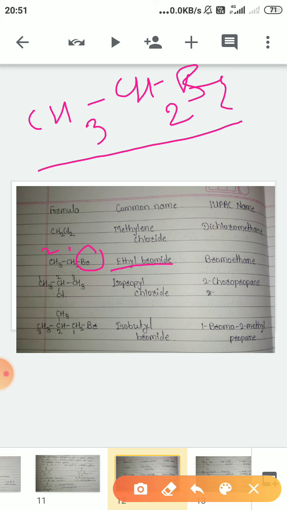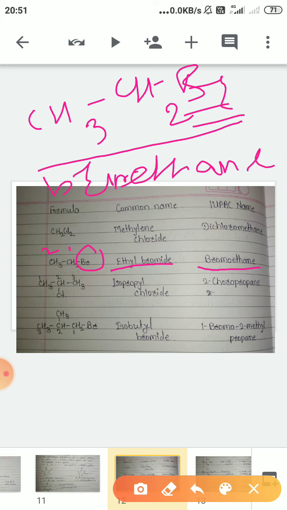According to the IUPAC system, the name of the compound is bromoethane. As the compound contains 2 carbon atoms, the parent alkane is ethane, and as it contains bromine, therefore bromo, and the name of the compound is bromoethane.